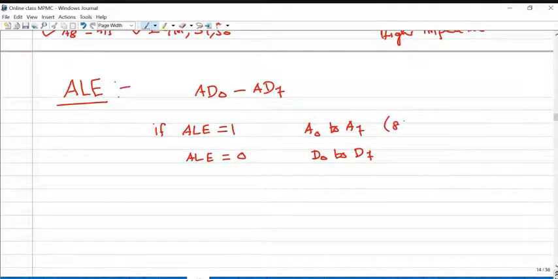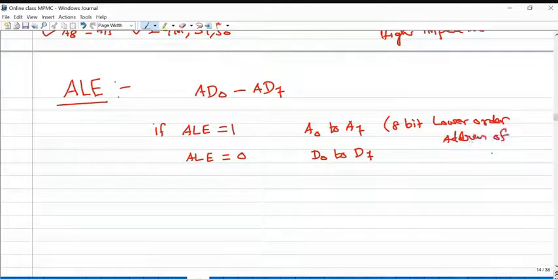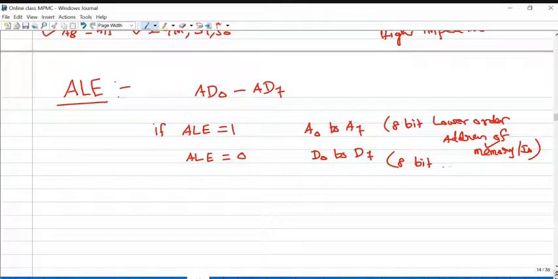So this is the 8-bit lower order address of memory or IO device, particularly memory. And this is 8-bit data. At that time, these 8 wires are used to carry the data.